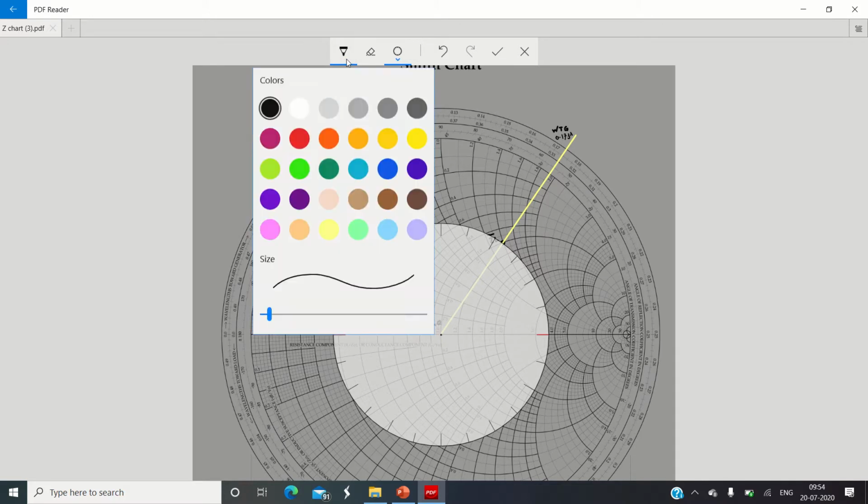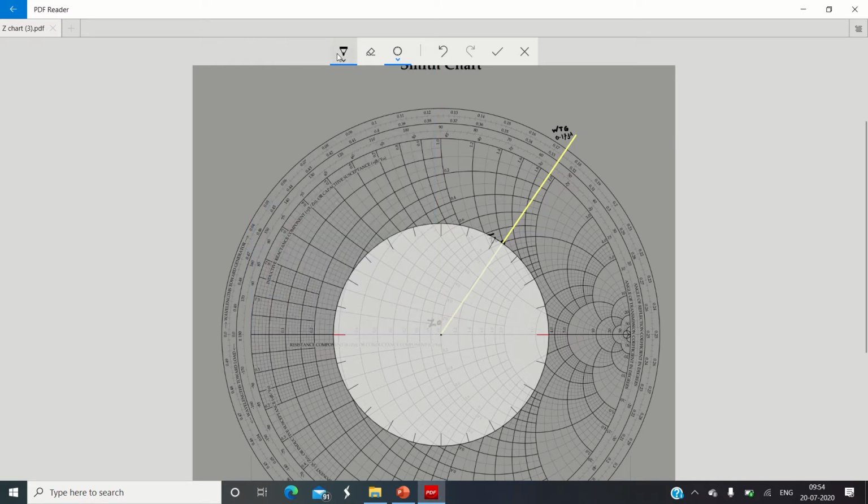I will choose a different color, this lime green color. So put your compass at the center of the Smith chart, metallic part, take the distance in the compass equal to the center of the Smith chart to the ZL bar point, and draw a constant radius VSWR circle. So I will draw it now.